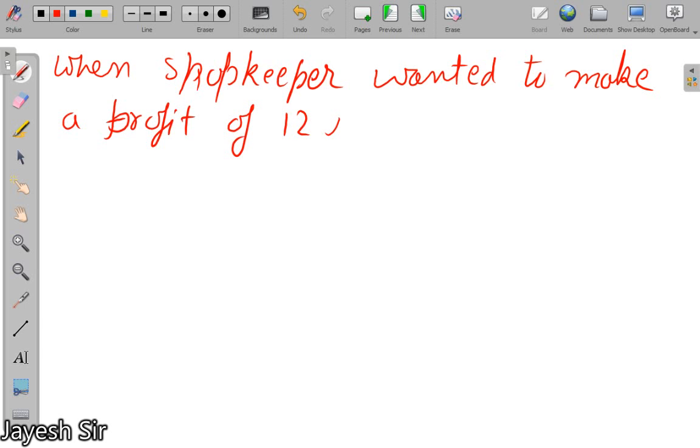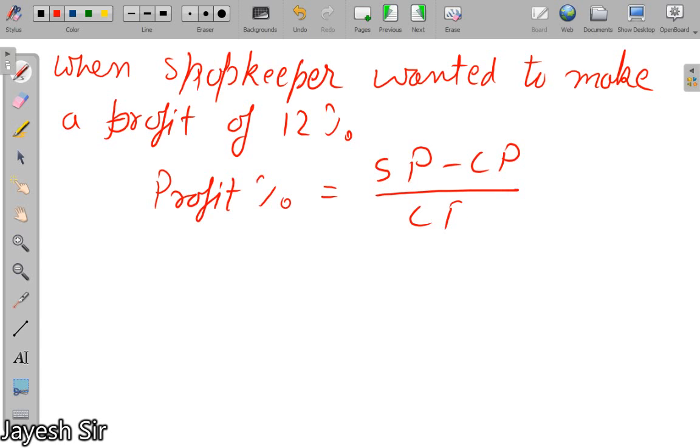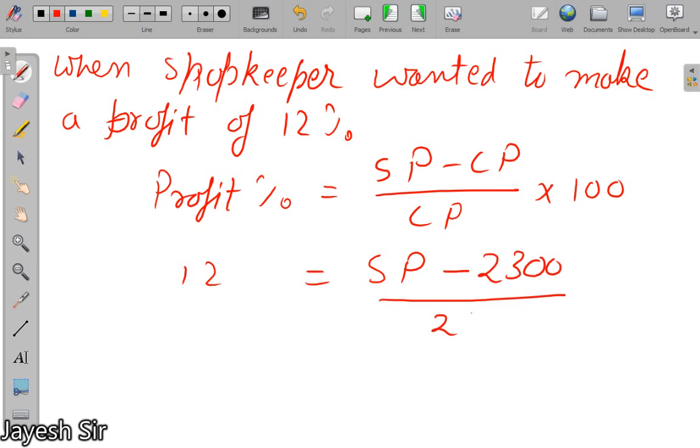Profit percentage will be, profit is selling price minus cost price upon cost price into 100. We know the profit percent to be 12, the selling price we don't know in this case, so this will remain the selling price, and cost price is 2300, we just calculated.